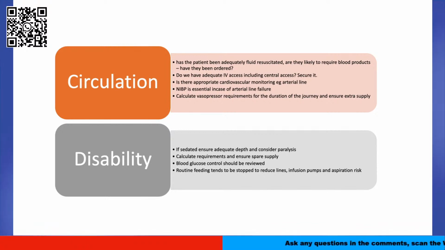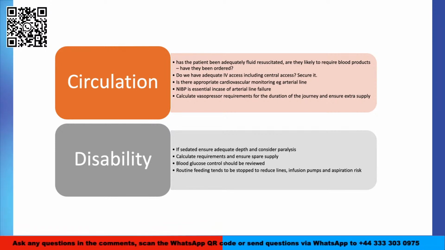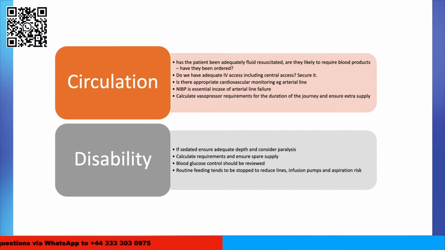Next, we move on to cardiovascular monitoring, and this should include ECG monitoring as a minimum, as well as invasive blood pressure monitoring if required, usually in the form of an arterial line. However, as always, we should have backups, and a non-invasive blood pressure cuff is essential in case of arterial line failure.